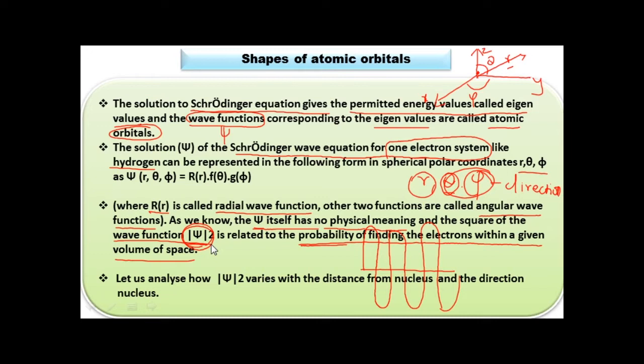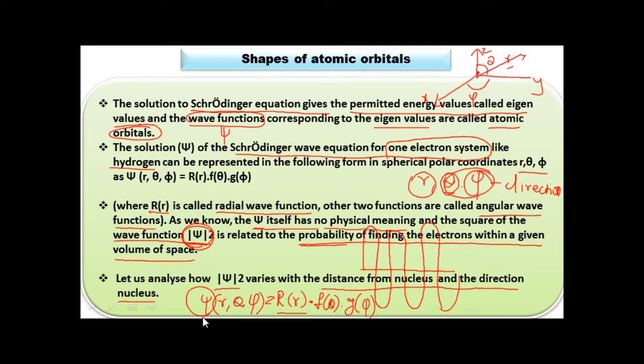So let us analyze how psi squared varies with the distance from the nucleus and the direction from the nucleus. So actually psi in polar coordinates r, theta and phi is equal to R, the radial wave function, multiplied by the angular wave function, that is f of theta and g of phi.